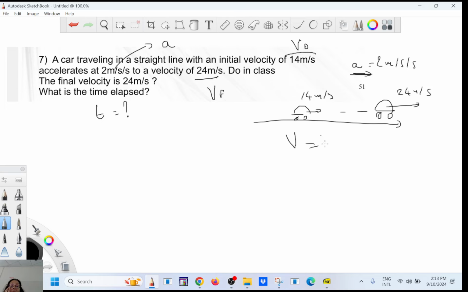So final equals initial plus acceleration times time. So after 1 second is going to be 16. 2 seconds is going to be plus 2, 18. Plus 2, 20, plus 2. So final is 24. Initial 14 plus 2 times t. Right?